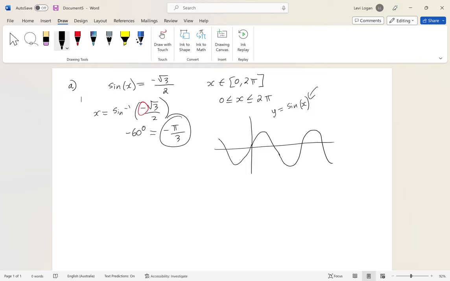This is our x, this is our y, and this is going to be pi, and this is going to be 2 pi. We only really need to look up until here because our bounds only include 0 to 2 pi. But our first solution is over here. It's at negative pi over 3.